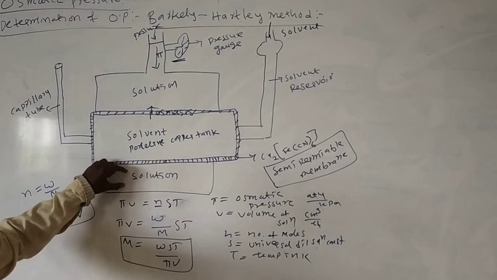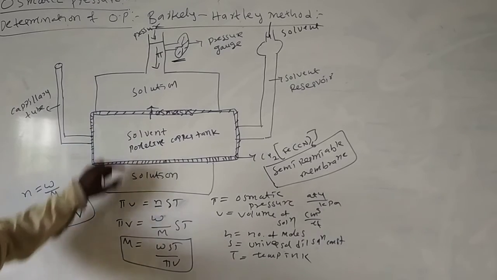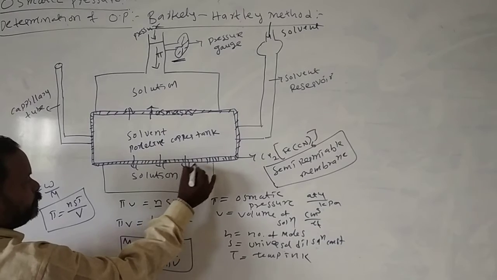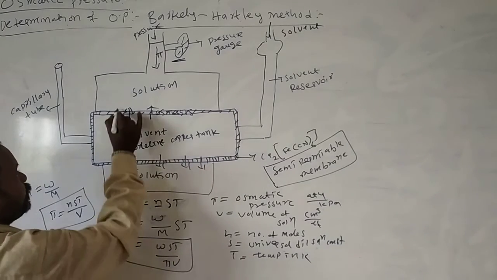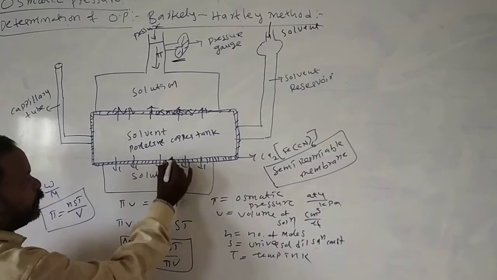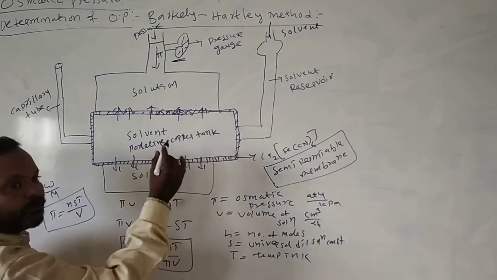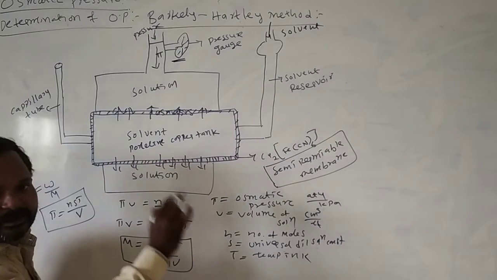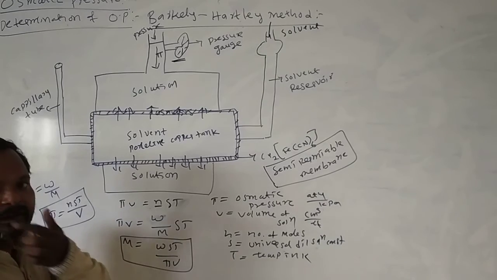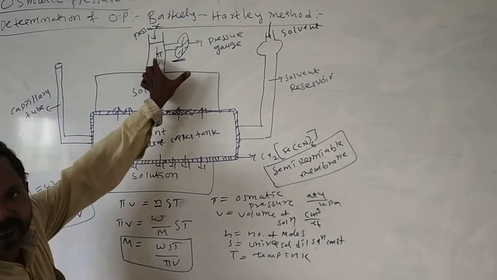After 10 or 15 minutes, solvent particles move. This is called osmosis. To prevent the movement of solvent particles, we apply some external pressure.